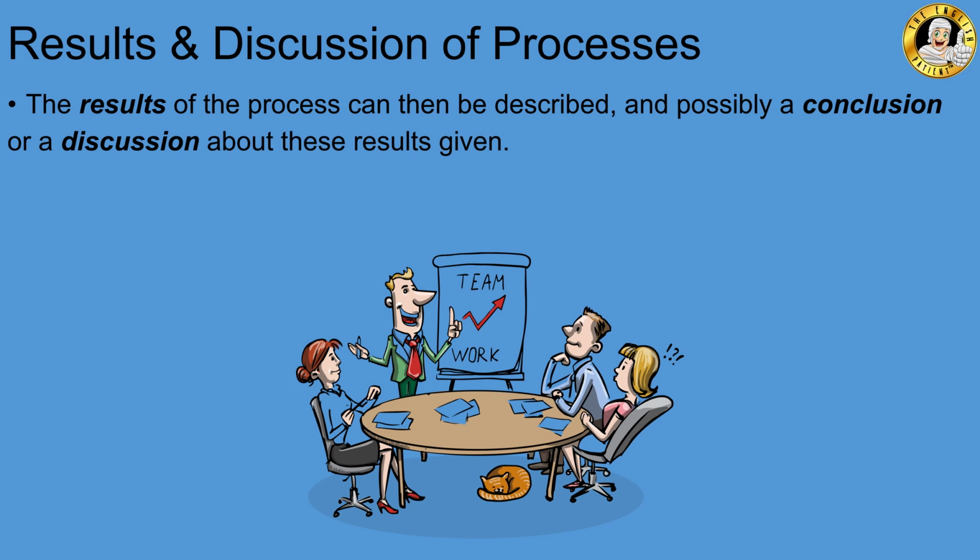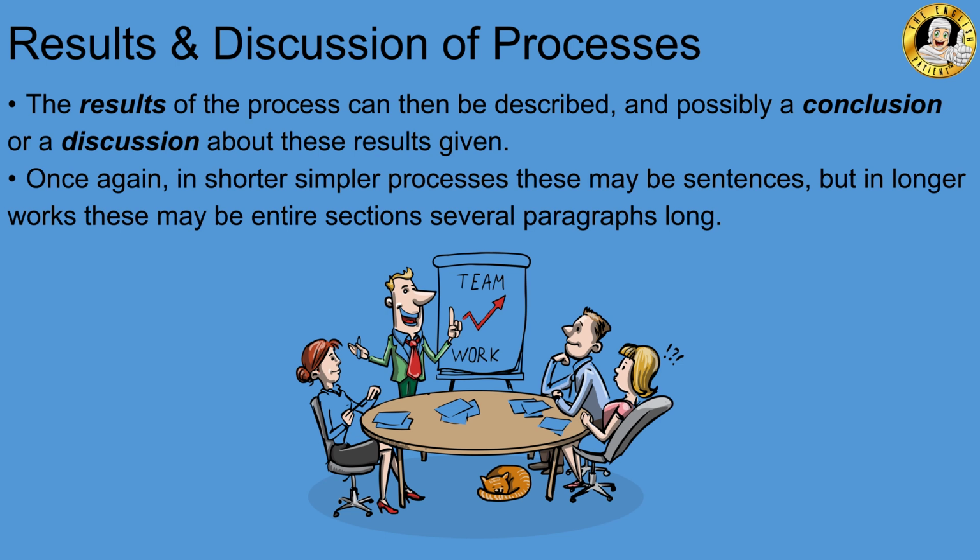Now, the results of the process can then be described and possibly a conclusion or a discussion about these results held or given. Now, once again, in shorter, simpler processes, if you're writing it out, these may be simply sentences. So, for example, if it's one paragraph, your concluding sentence may simply indicate the results of the process that you have done.